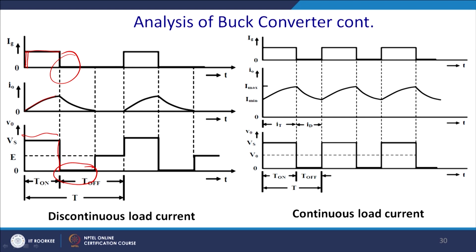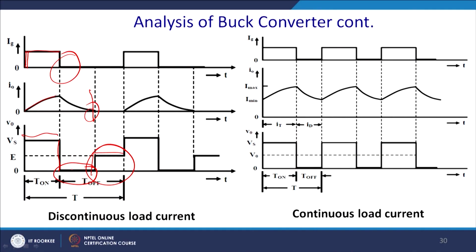And if it is the discontinuous mode of conduction and the current becomes 0 at this point, then again we have the motor inertia that is in seconds, while these phenomena are in milliseconds. For this, again the voltage will build up to the value of E. Again the thyristor is triggered, and ultimately current will flow like this.